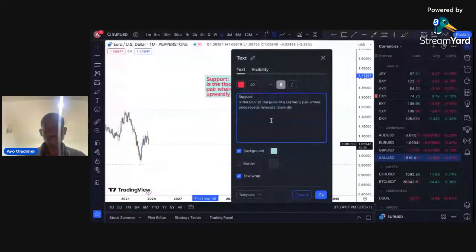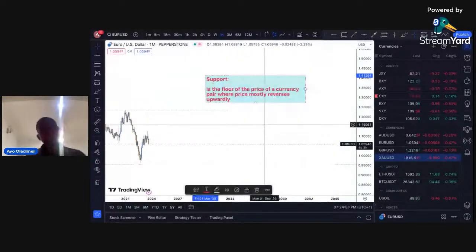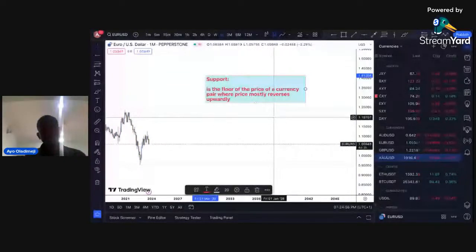So this is what a support is. A support is the floor of the price of a currency pair where price mostly reverses upwardly.